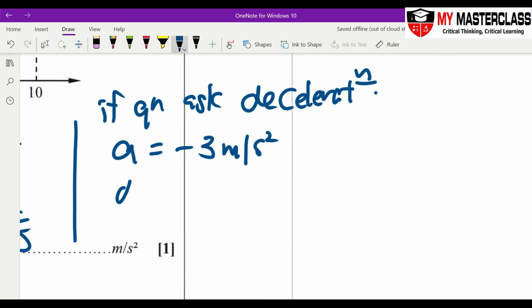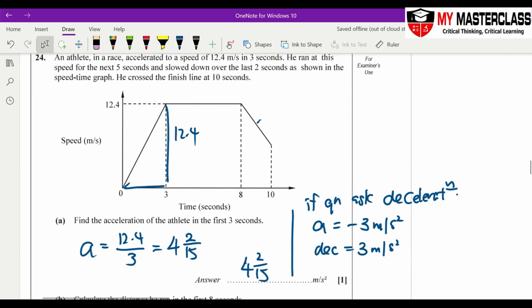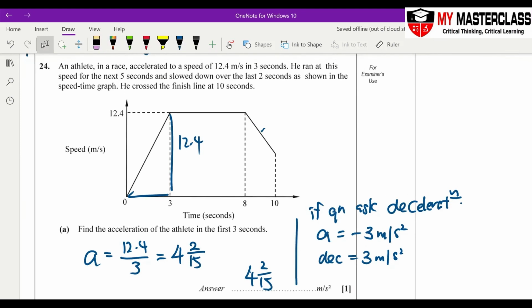You must say that the deceleration equals 3 meters per second squared, because deceleration already means it's going down. Understand? If the question asks for the deceleration, of course they will not ask for the deceleration for the first 3 seconds. They will ask what is the deceleration for the last 2 seconds. Okay? Yes.